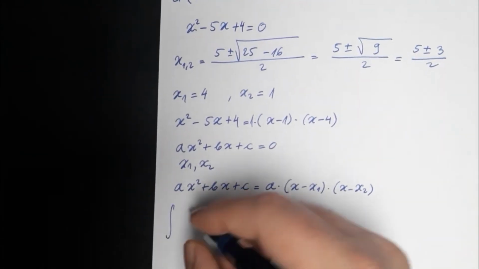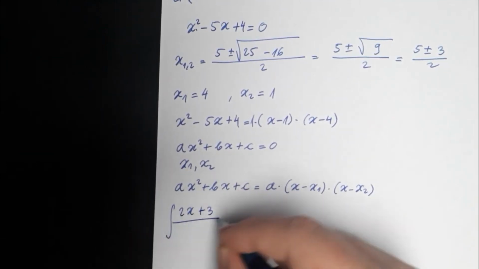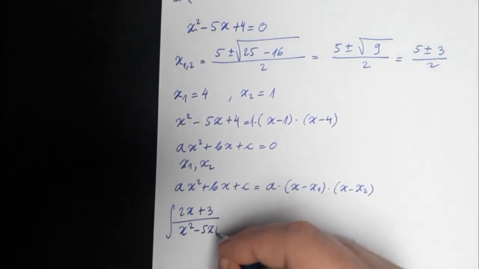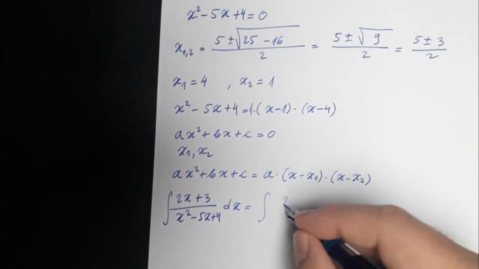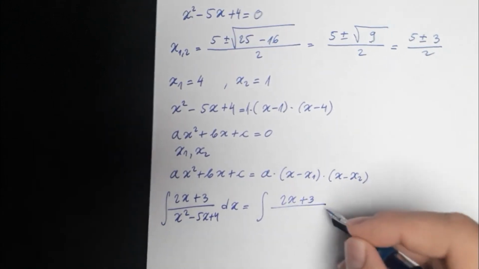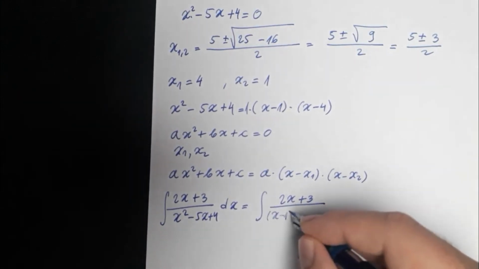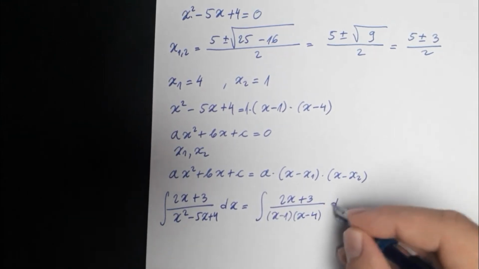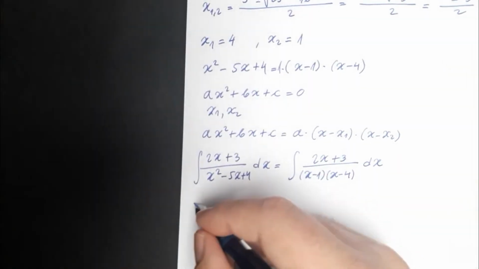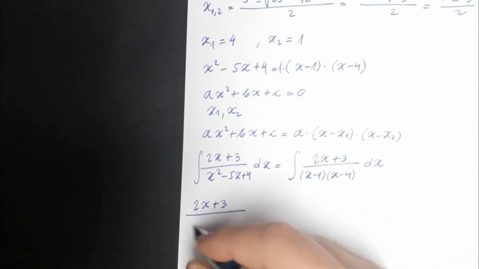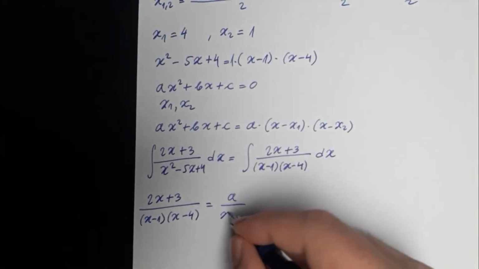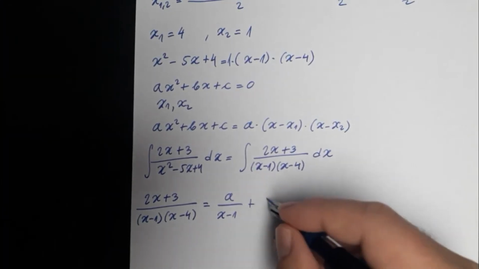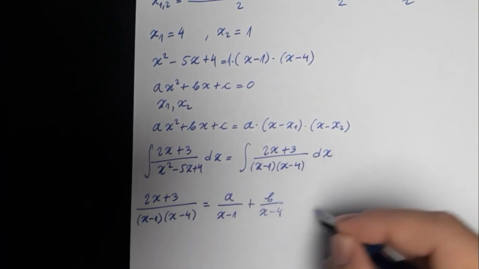Now the integral of 2x plus 3 divided by x squared minus 5x plus 4 dx becomes an integral of 2x plus 3 divided by x minus 1 times x minus 4 dx. And of course, 2x plus 3 divided by x minus 1 times x minus 4 can be decomposed as a divided by x minus 1 plus b divided by x minus 4.